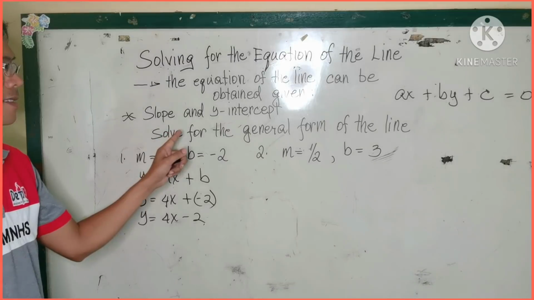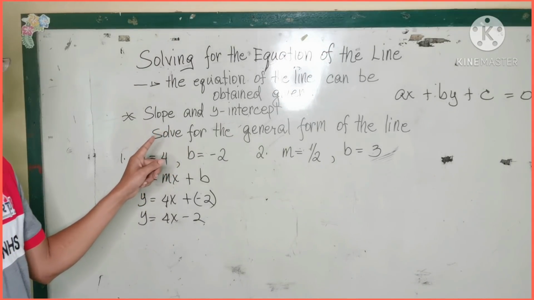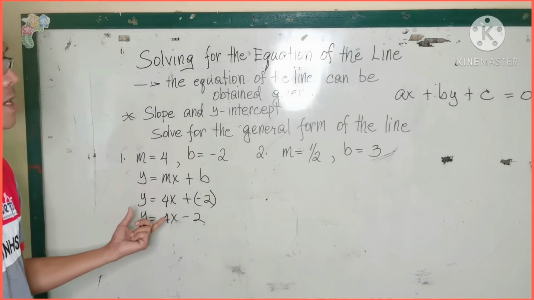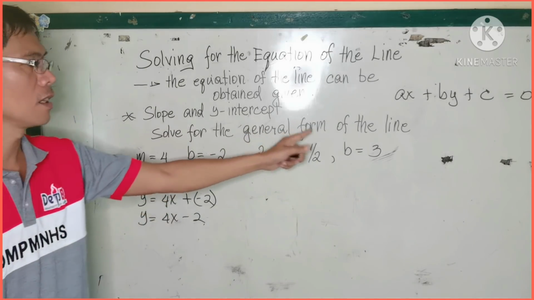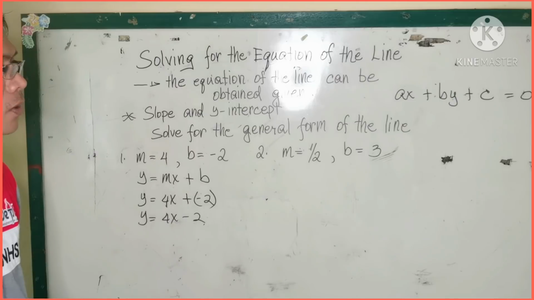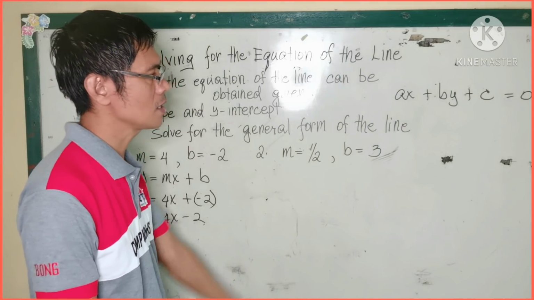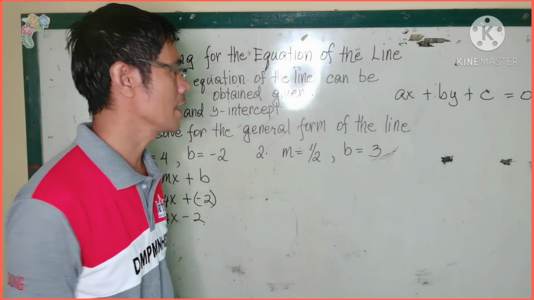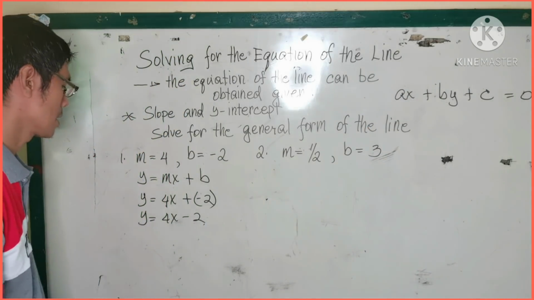Then the direction says the answer should be in the general form. And the general form of the equation of the line is ax plus by plus c equals 0.